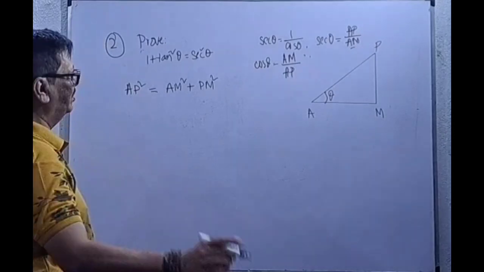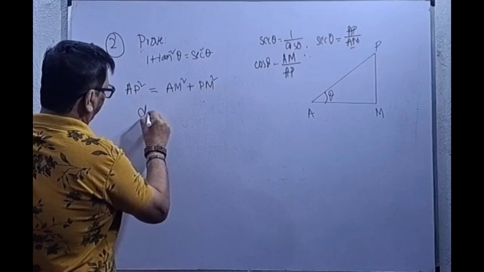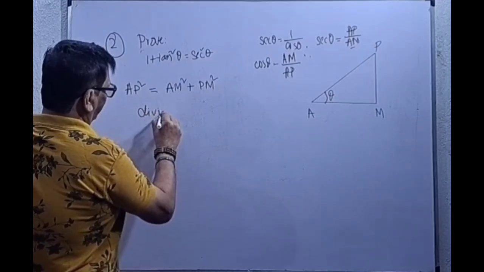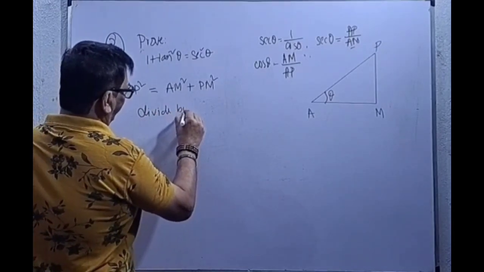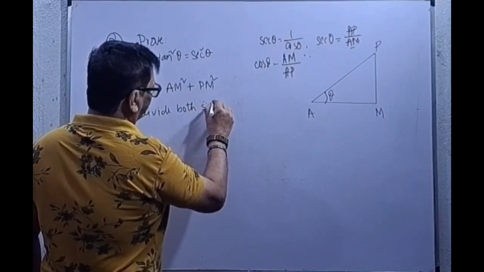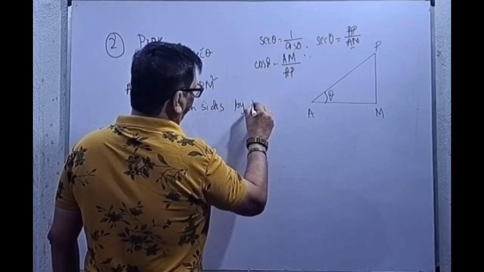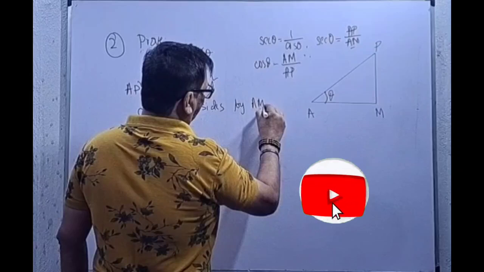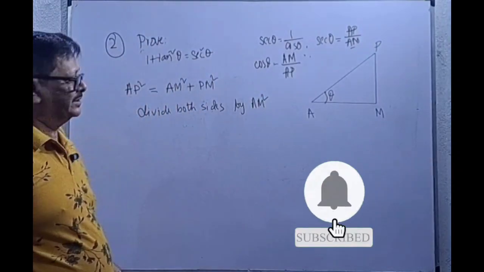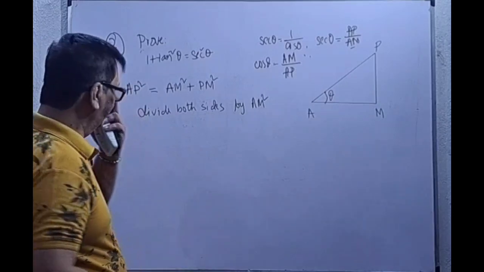So we divide the whole thing, both sides by AM square. We can always do that, divide both sides by any value, because ultimately we are doing nothing.